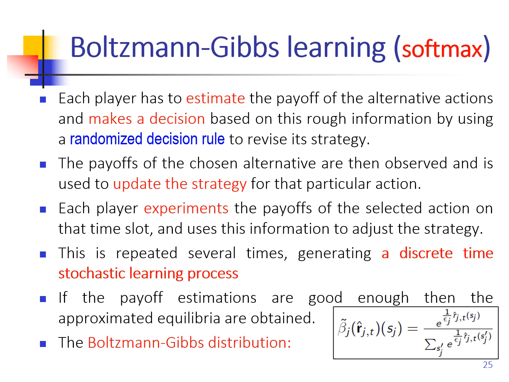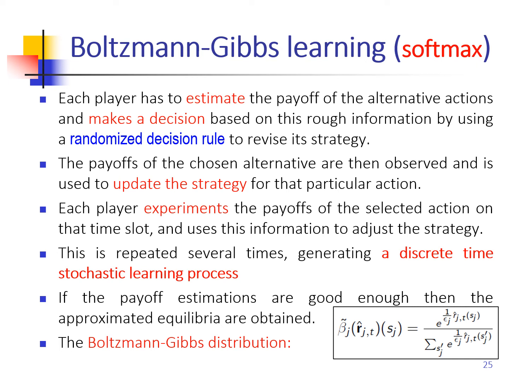This is the estimated reward that player j will see at time t. The probability will be equal to exponential of 1 over epsilon_j times r hat_jt of s_j, divided by the sum over all the actions, essentially strategies. This is what gives rise to the distribution.